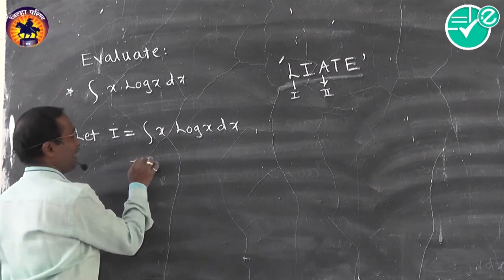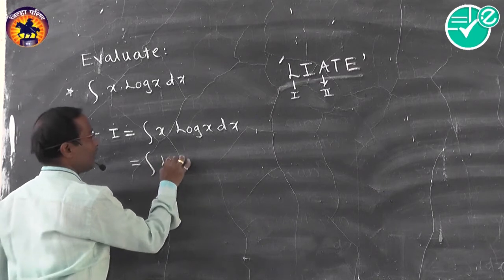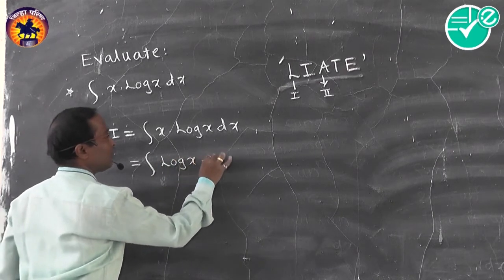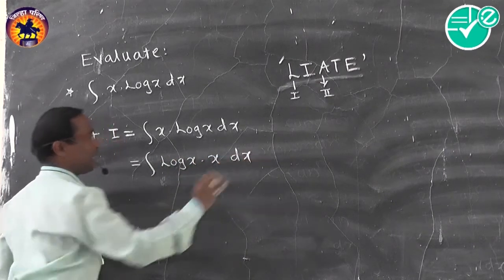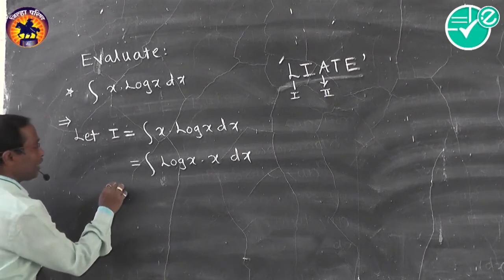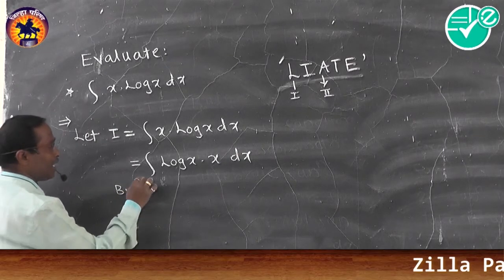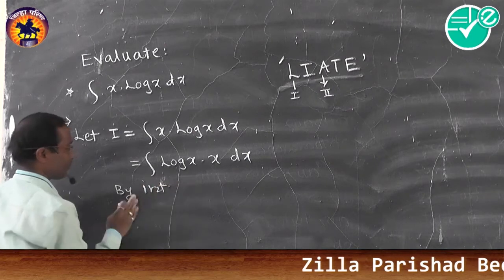So this can be written as the integral of log x into x dx by using integration by parts.